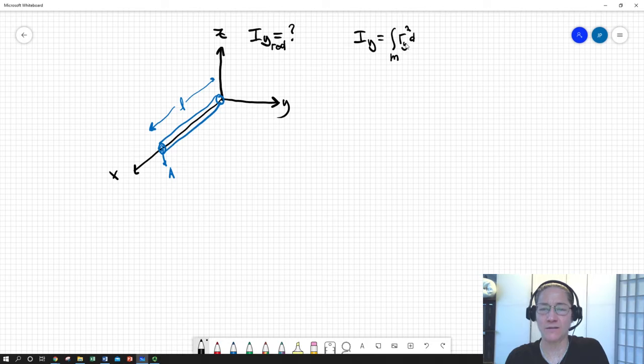We'll say r to the y-axis, dm. So what we're doing is we're adding up over the whole mass of the body the square of the distance of that mass bit from the axis that we care about. So in this case, we care about the y-axis.